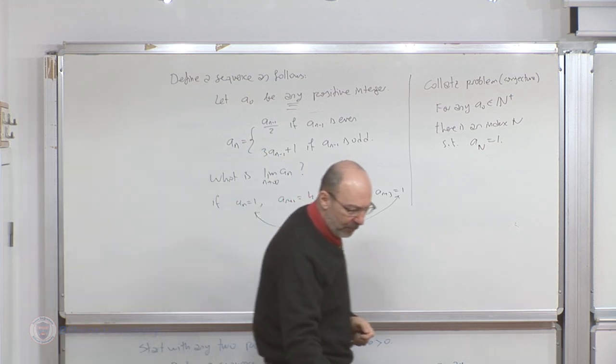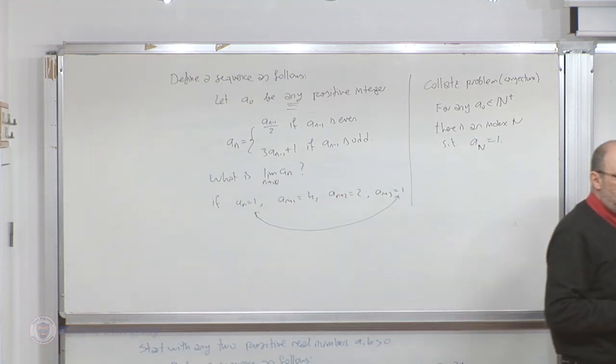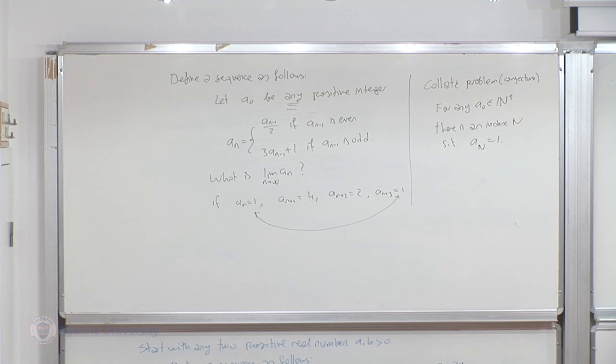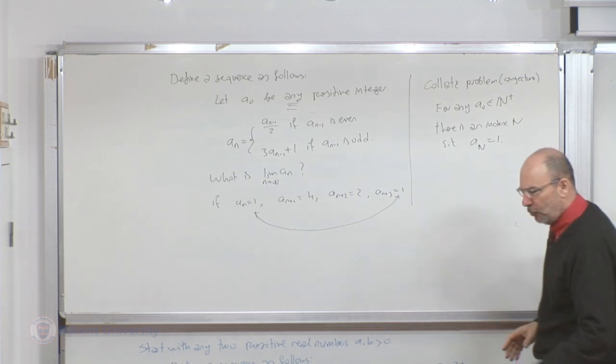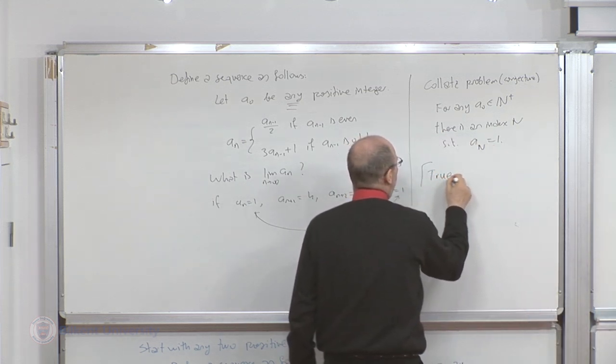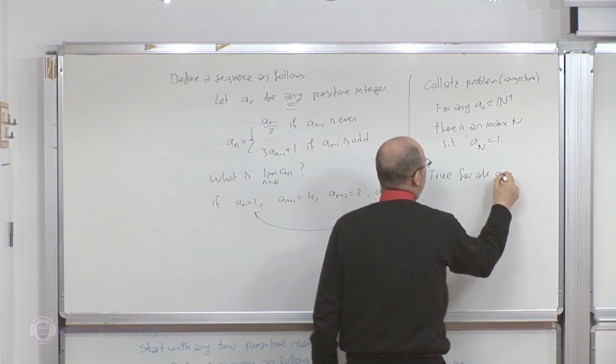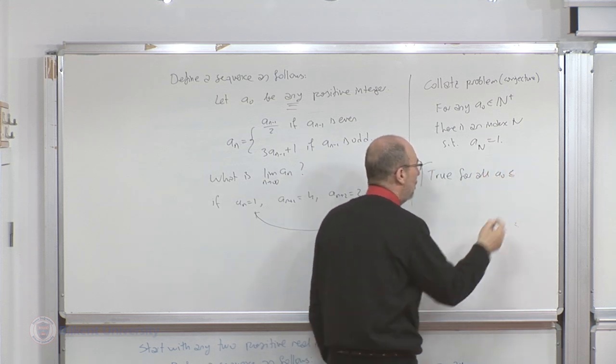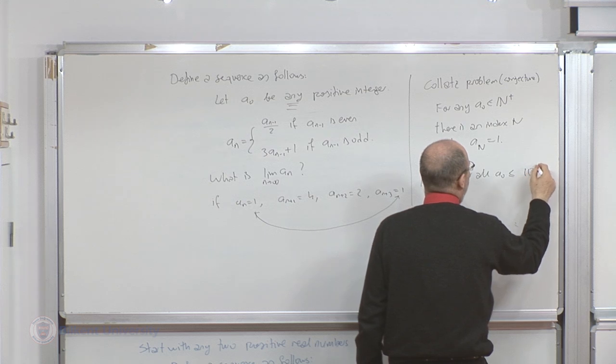There are, of course, computer trials on this. It has been tried up to 10 to the power 60 or something. So true for all a_0 less than or equal to 10 to the power 60, I think.